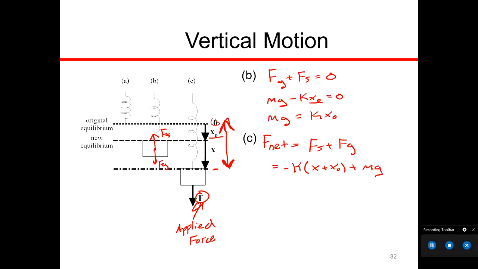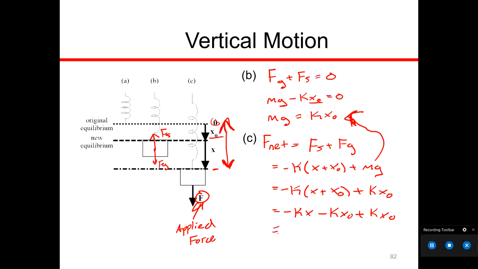Now from up above, we saw that mg is in fact equal to kx0. So if we substitute that, plus kx0, and we expand this first term, we get minus kx minus kx0 plus kx0. We actually see that the gravity term cancels out.